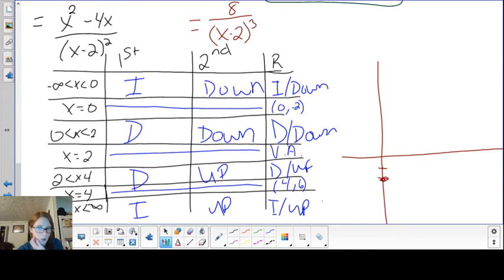I have a vertical asymptote at x equals 2. That's really bad. Let's try that again. I didn't have any horizontal asymptotes. And then I have a point at 4, 6.